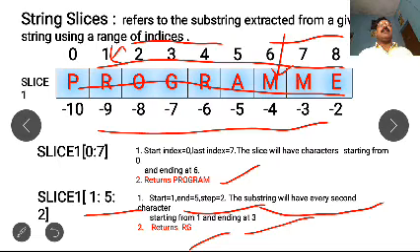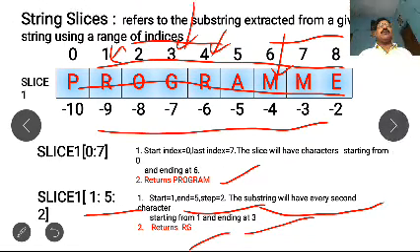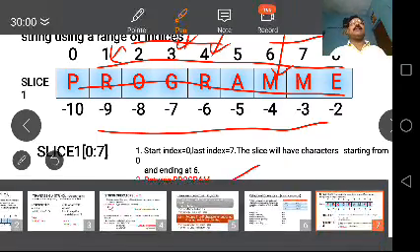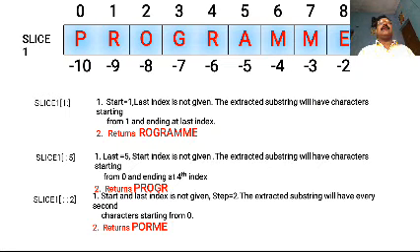It takes one value less than the given value, so it will come up to this position, and the step is 2. So 1 plus 2 is 3, and this will print RG. Okay, I hope all of you are getting this one.